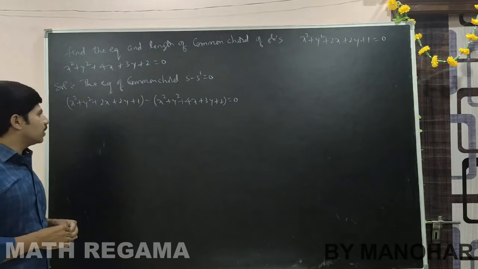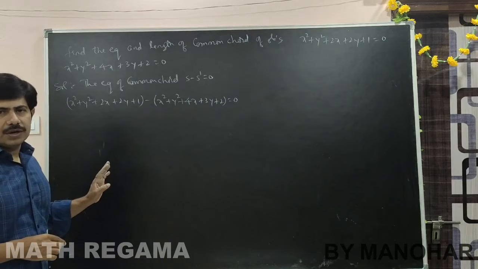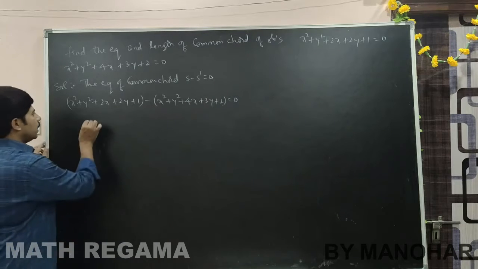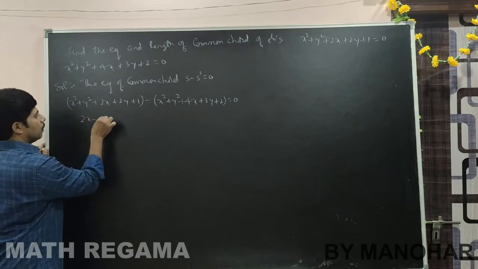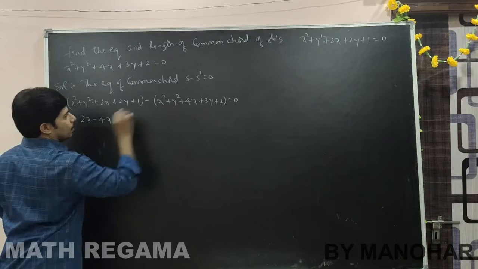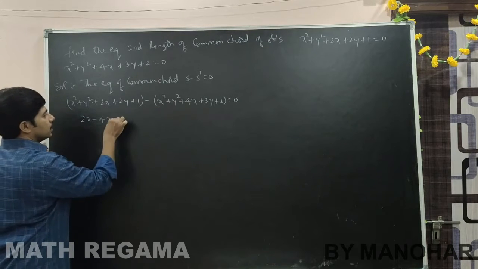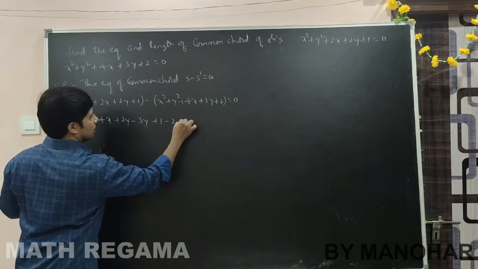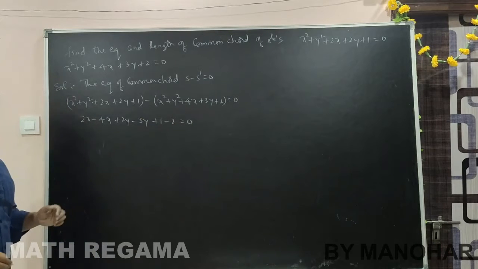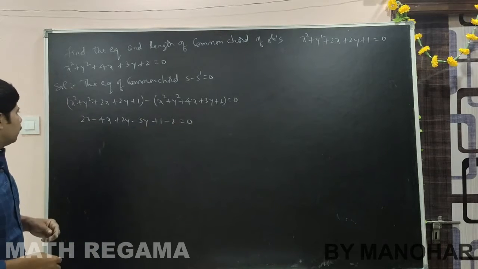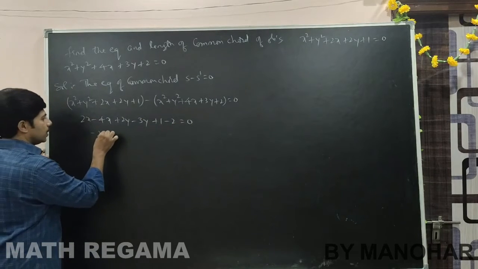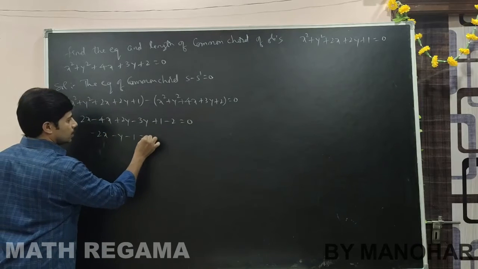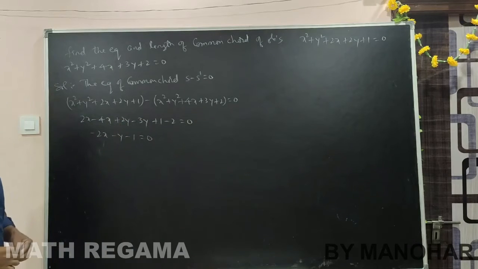So when we simplify this, x square y square terms gets cancelled, so we get 2x minus 4x, 2x minus 4x, multiply with minus sign, then plus 2y minus 3y plus 1 minus 2 is equal to 0, right? After that, if we simplify, we get minus 2x minus y minus 1 is equal to 0.